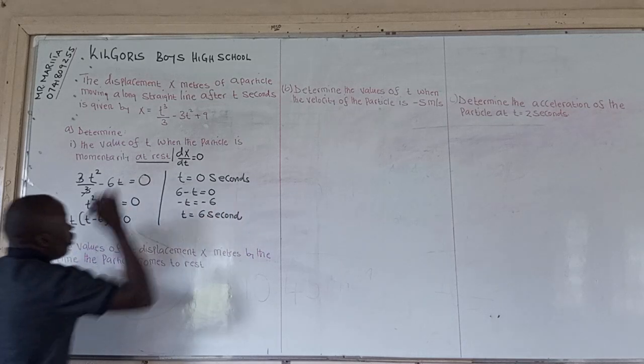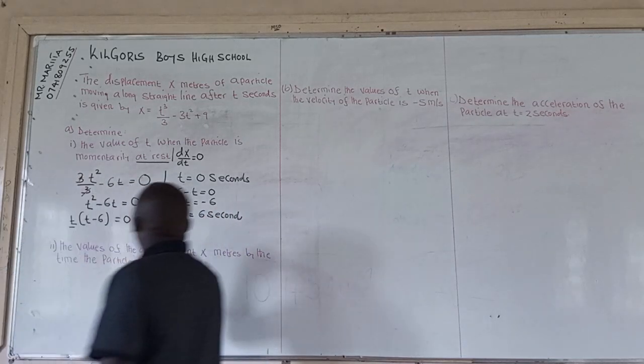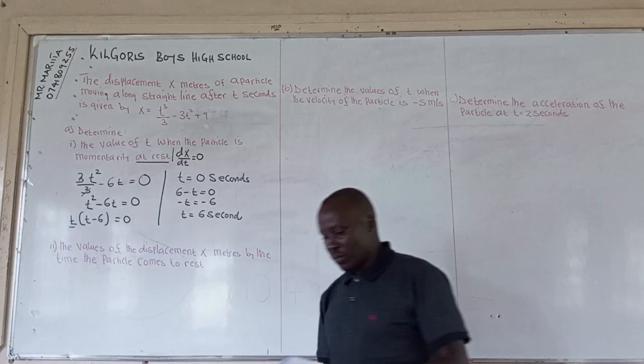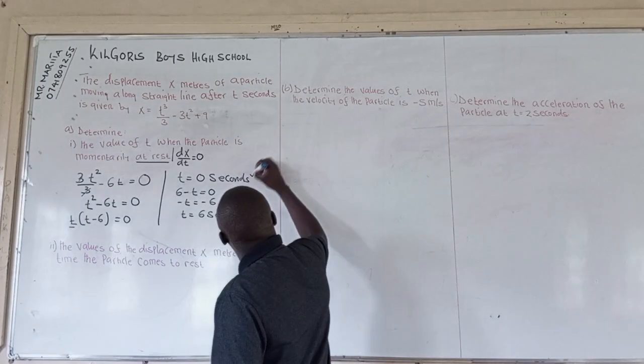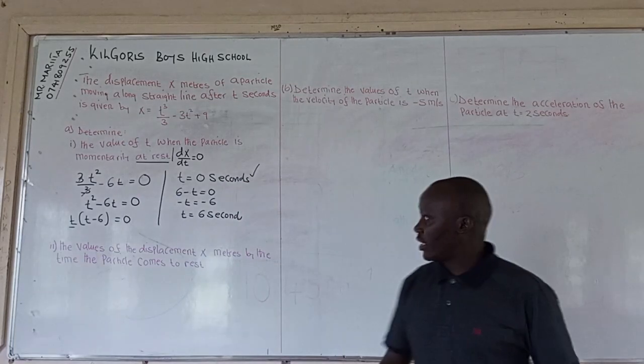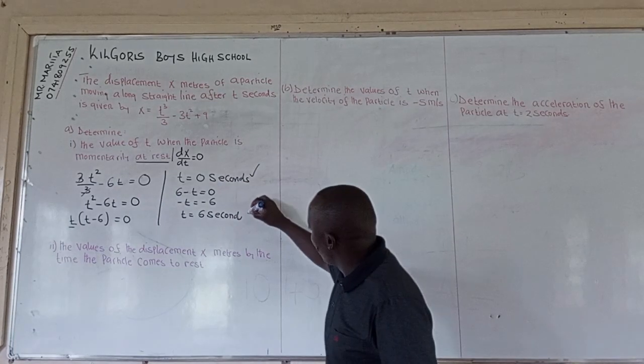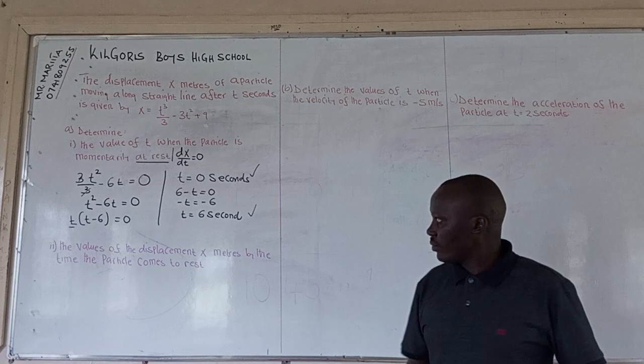So at the point of rest, the values of t when the particle is momentarily at rest are t = 0 seconds and t = 6 seconds.